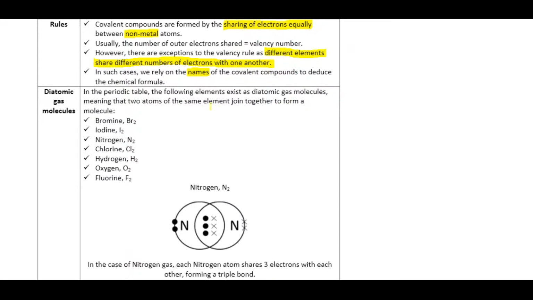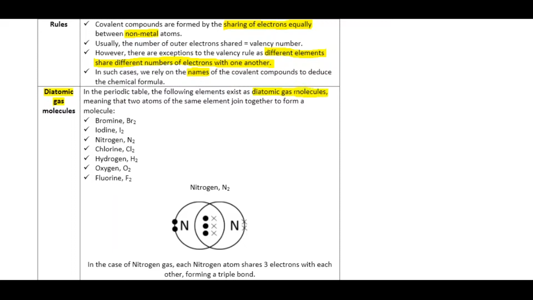So for example, in this case we'll look at diatomic gas molecules. In the periodic table, those elements that are in group 7, and some of them in group 6, will actually exist as diatomic gas molecules.